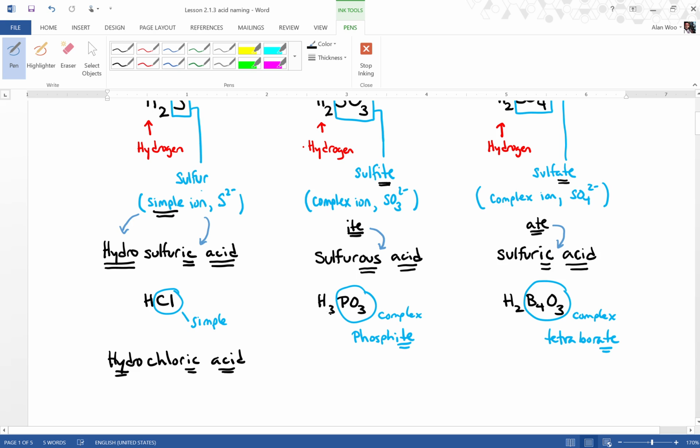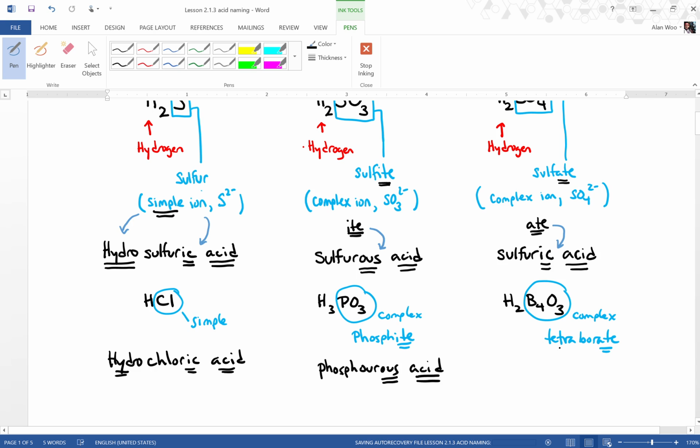For the next one, H3PO3, because it ends in ite, phosphorus will now become phosphorus acid. So OUS acid.